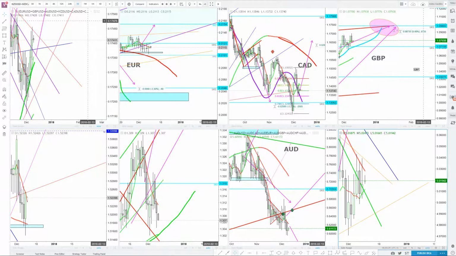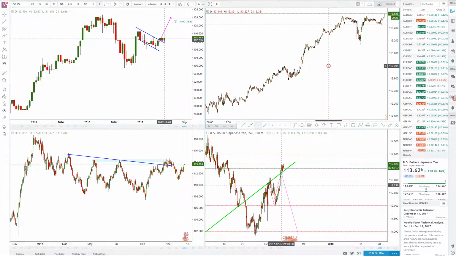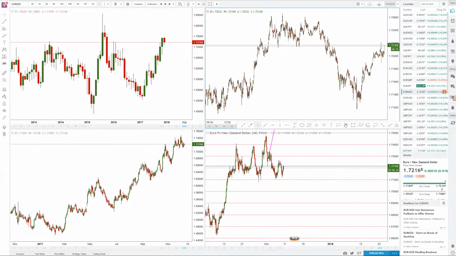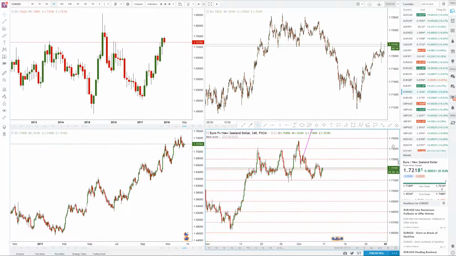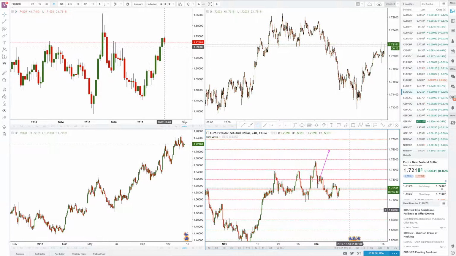So now let's go back to last week's charts. Last week we said that EN was going to move higher. It did not. It actually moved lower. I kind of miscalculated my euro move.